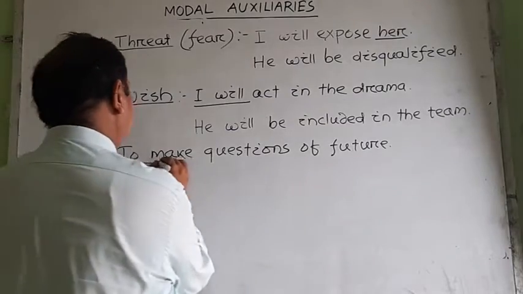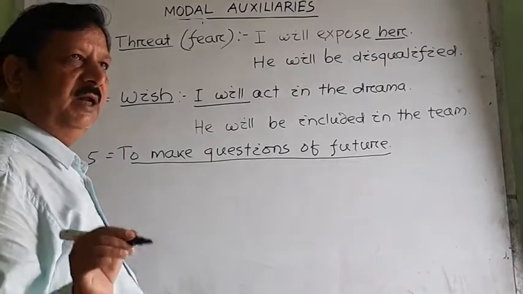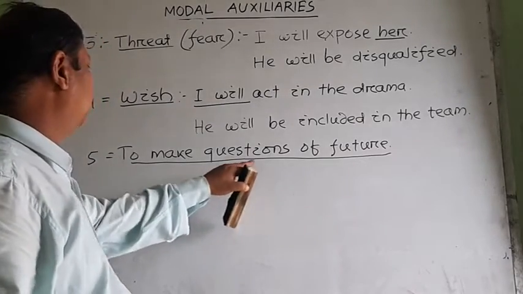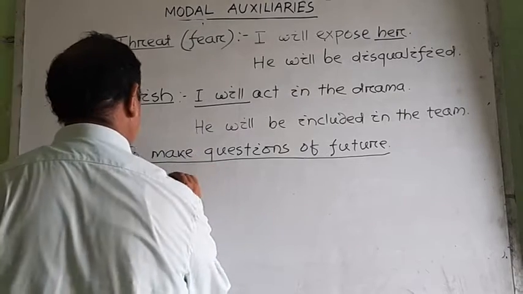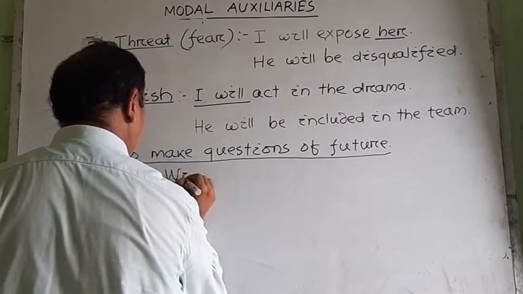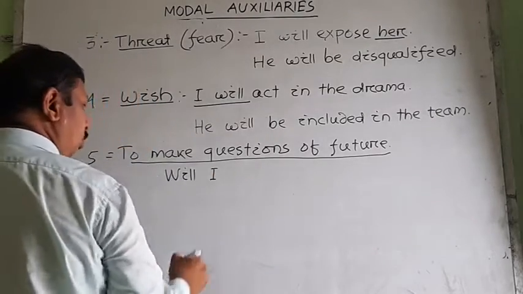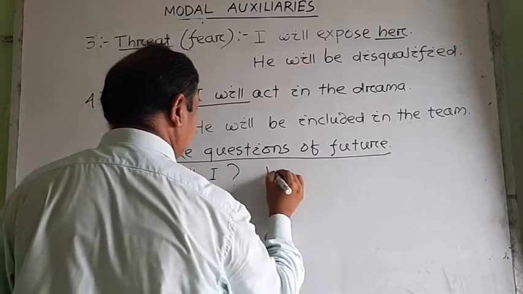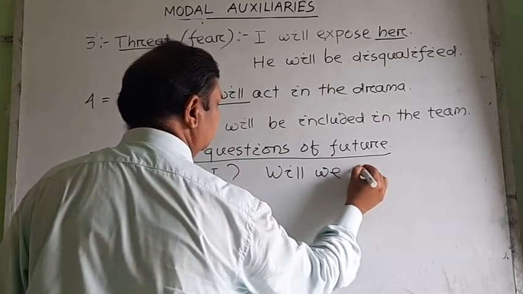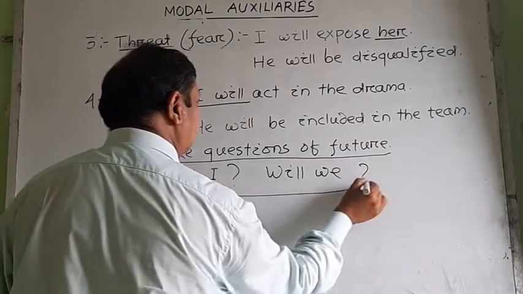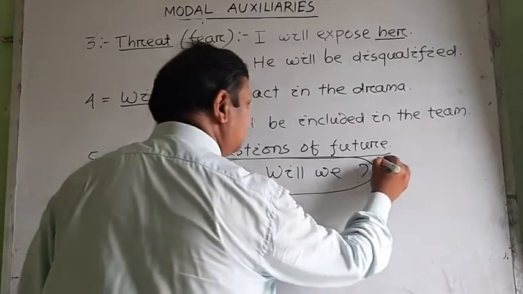Because first of all, we should learn a general rule of the use of questions in case of persons. Let you know that will I or will we, when we express, these are not permitted or allowed in English grammar.